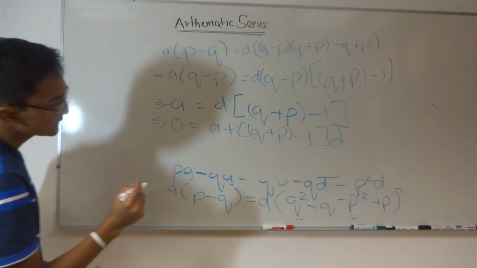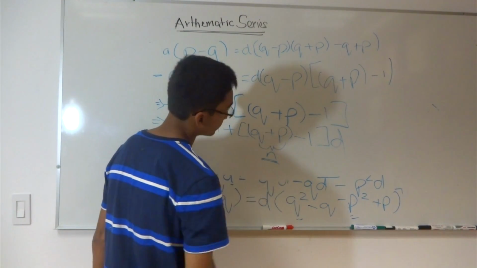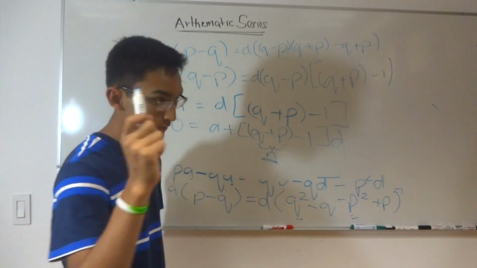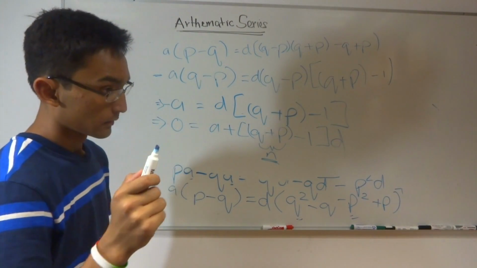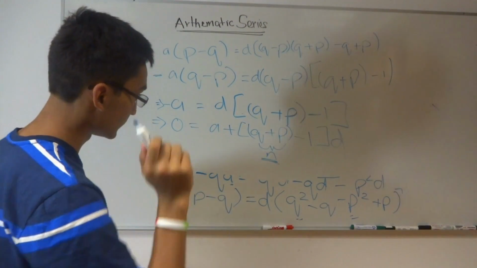So you see, q plus p could refer to n. Remember the original equation where term n is equal to a plus (n minus 1) times d.